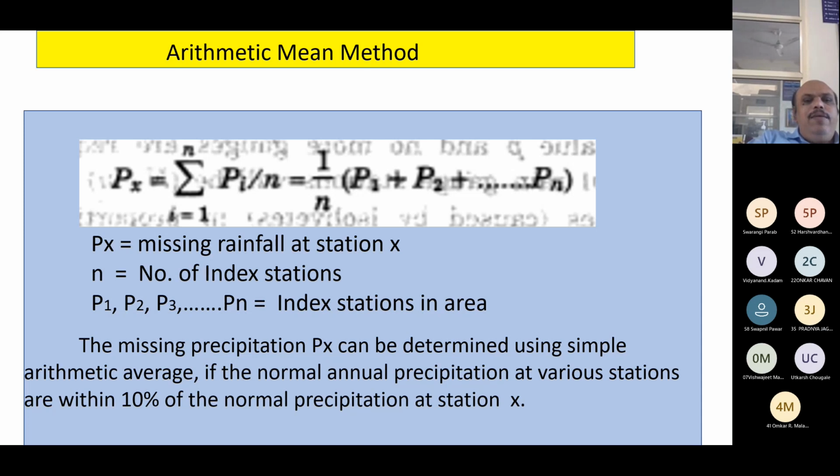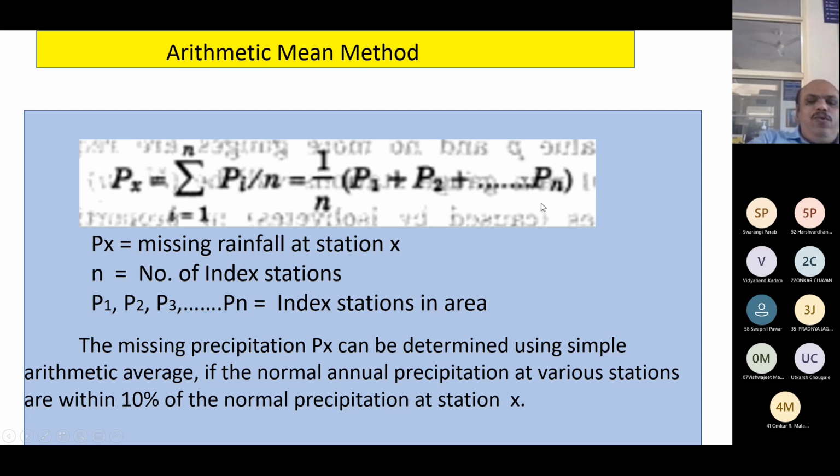Here Px is missing rainfall at station X, n is number of index stations, and P1, P2, P3 up to Pn are the rainfall values at index stations in the area. So that's why this formula is written as 1 upon n into bracket P1 plus P2 plus up to Pn.